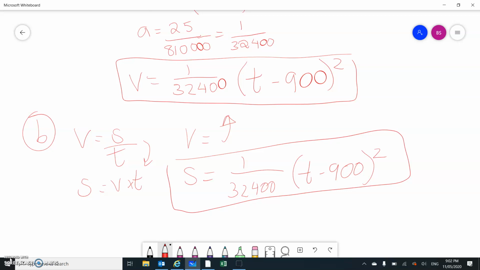Now some people say, well, how did you get that? It's actually in the wording of the question. If we look back at the question, it says if s meters is the distance that a taxi can travel before running out of electrical energy.